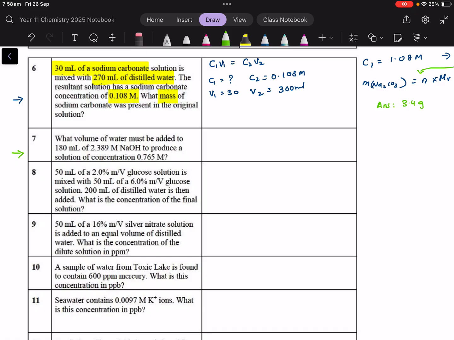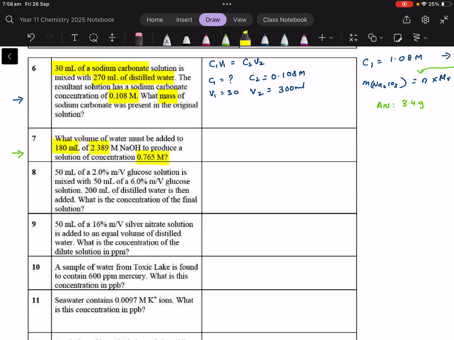Okay, so the next one is, what volume of water must be added to 180 mils of 2.389 molar sodium hydroxide to produce a solution of given concentration? So quickly highlighting the numbers that I need to work with.